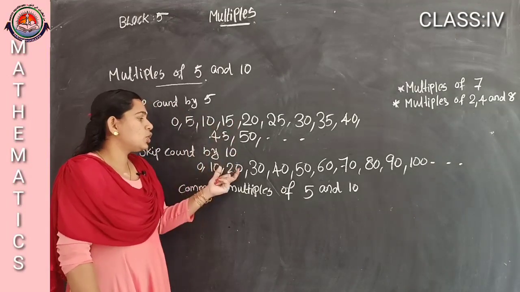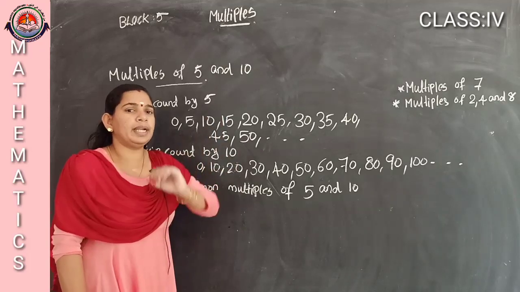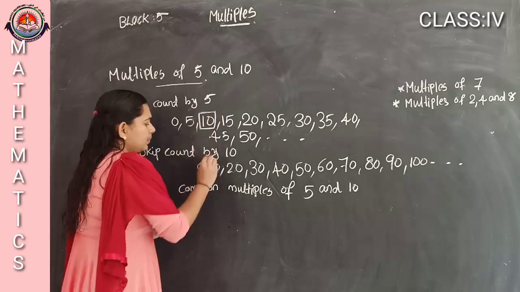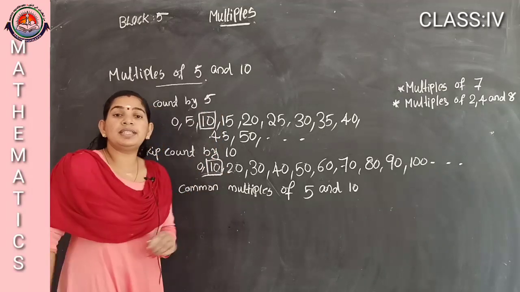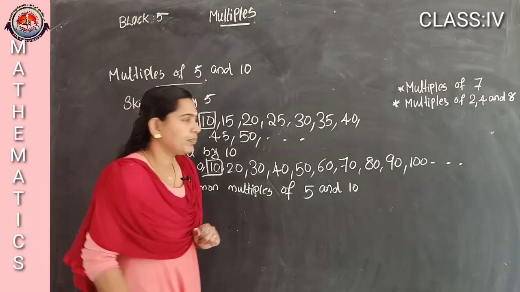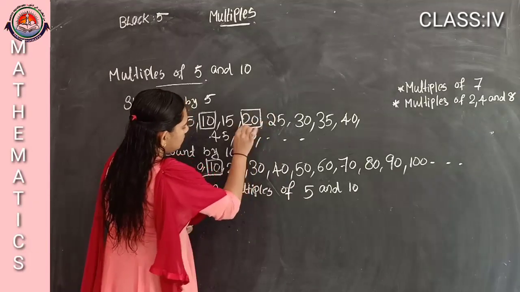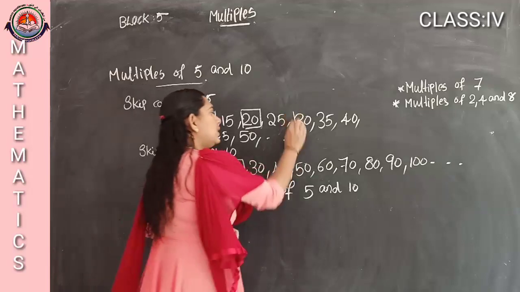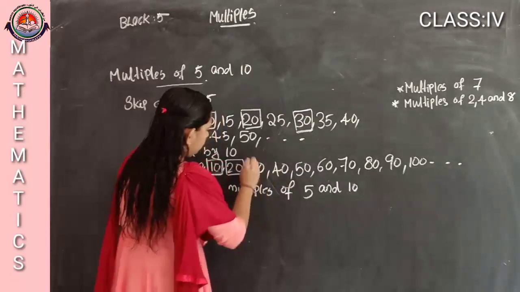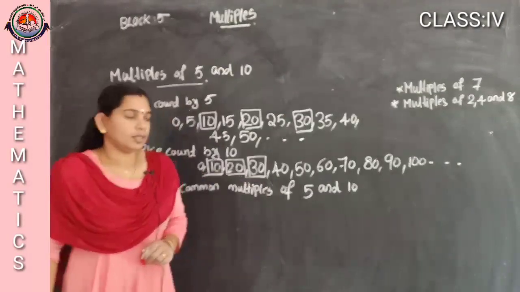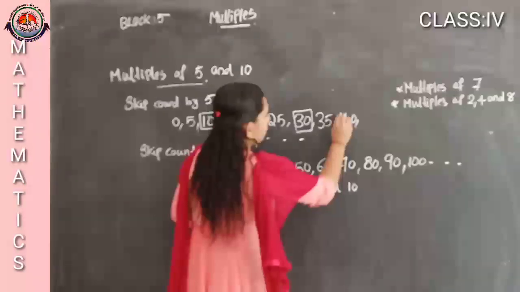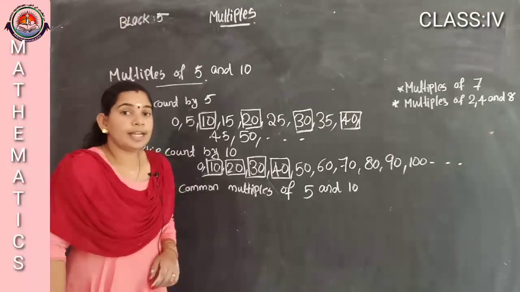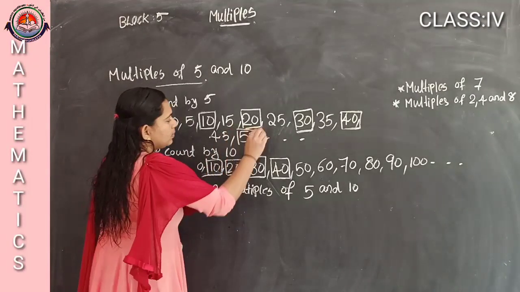From these two, find the common numbers. Which is common here? Very good, 10 is here. In both multiples, 10 is there. Next, 20. Very good. Next, 30 is there. Then 40. Then 50.